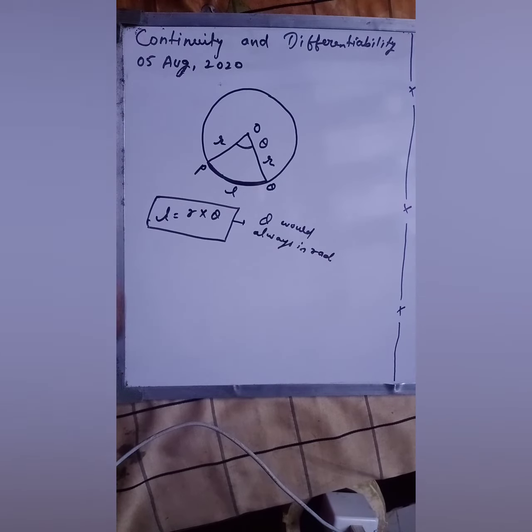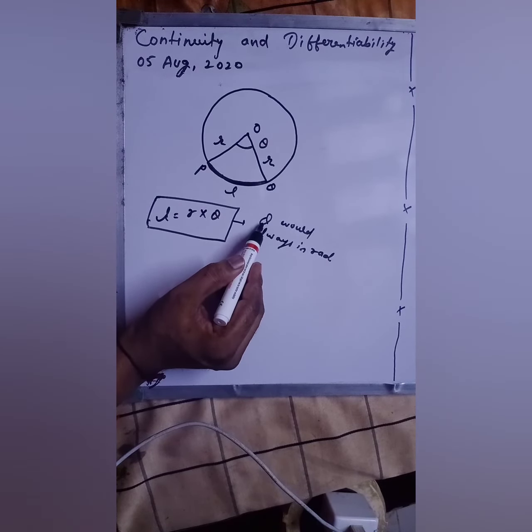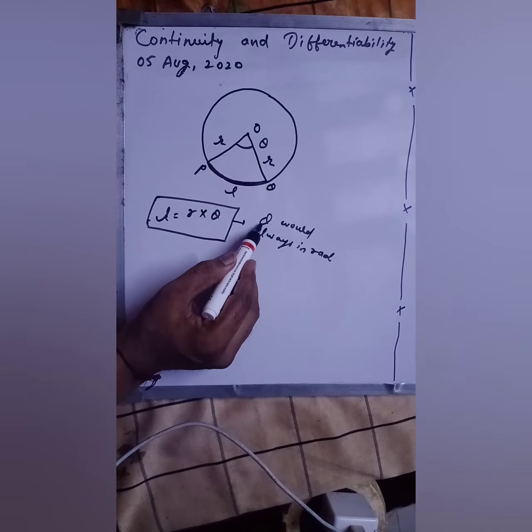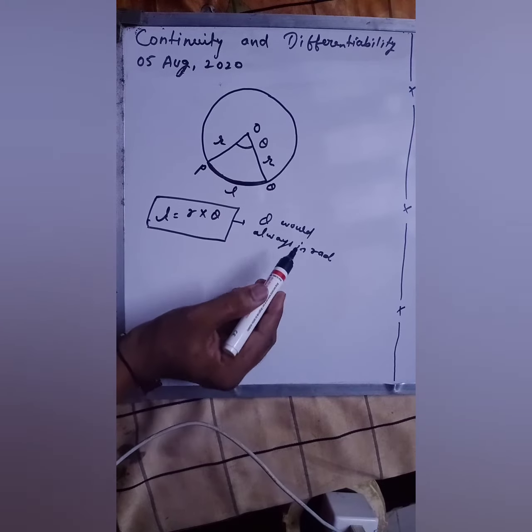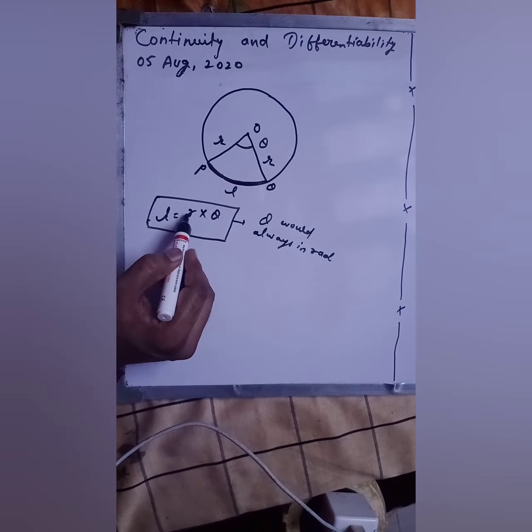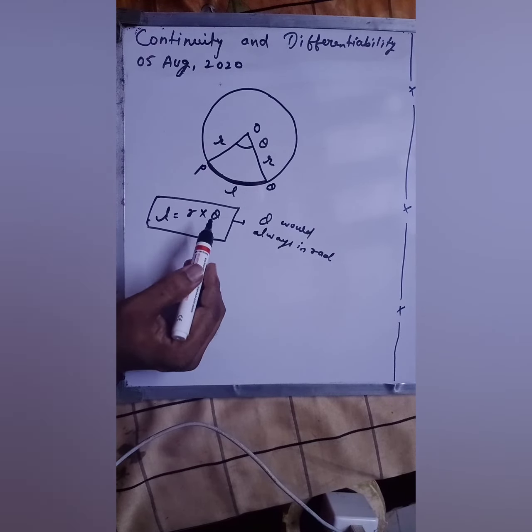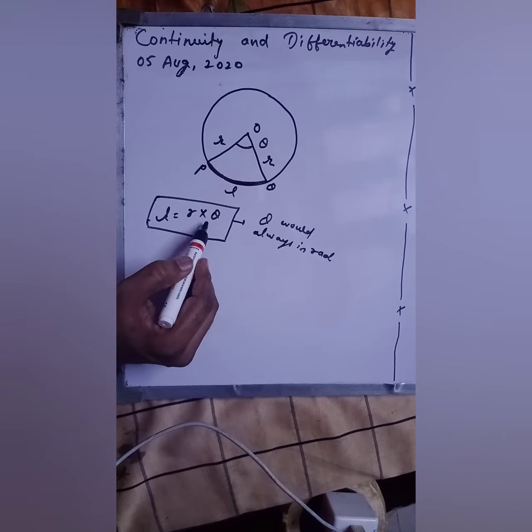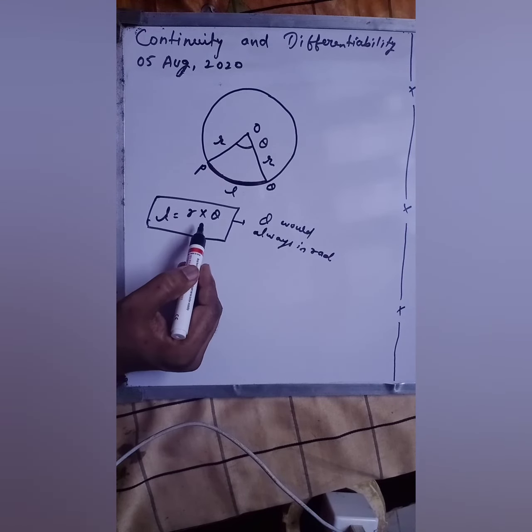So if theta is given to you as 60 degrees, first of all you will convert that theta into radians, then you can apply this formula. And suppose L and r are given and you are calculating theta, then theta would be in radians.